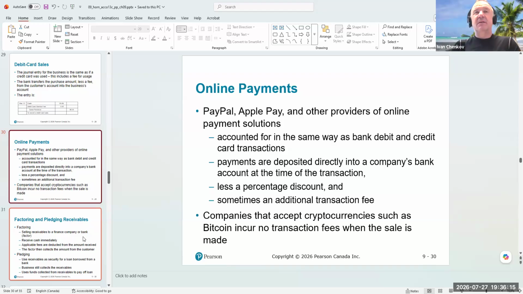For example, at TD the daily maximum is $3,000, and they also have a weekly maximum of $10,000, which means that you can e-transfer $3,000 three days in a row. That's going to be $9,000, and on the fourth day you can e-transfer only $1,000, and that will be a cumulative $10,000.